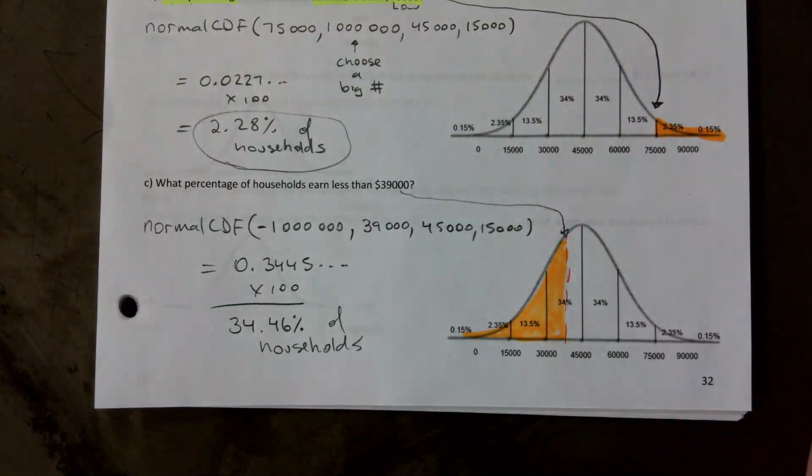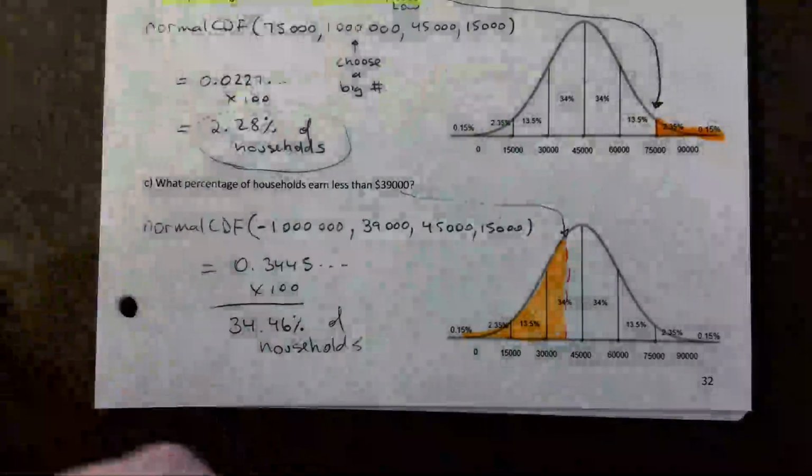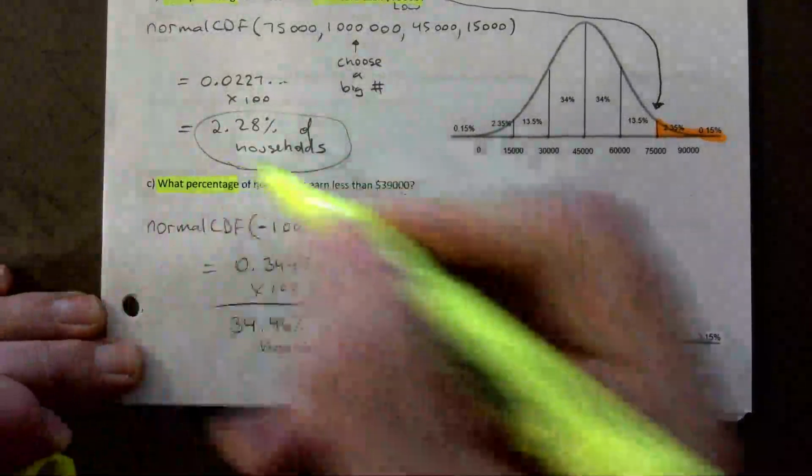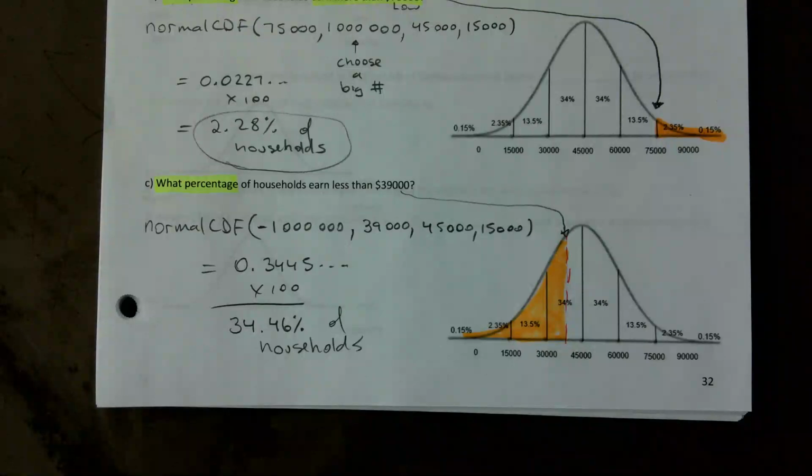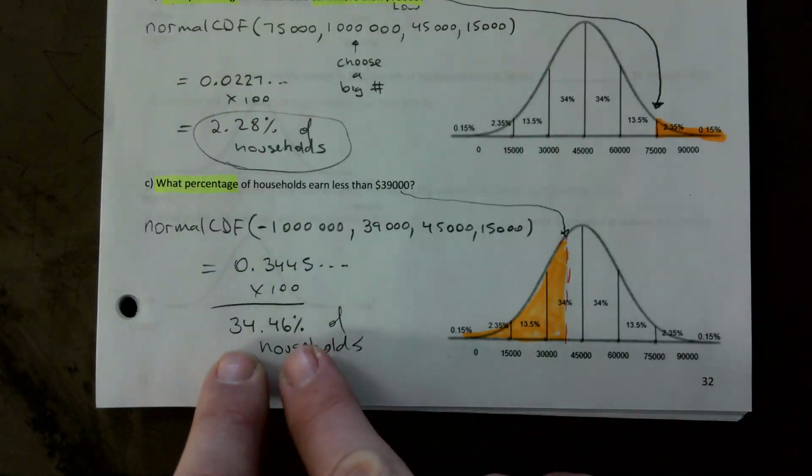So that's how normalCDF works. I'm just showing you how it works, okay? Listen carefully to this part: what if I said this city had 600,000 households? You could then take the percentage.